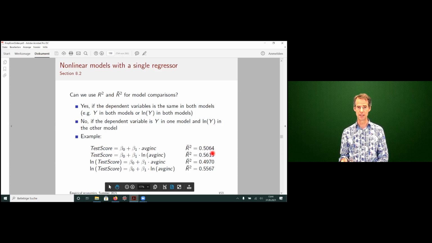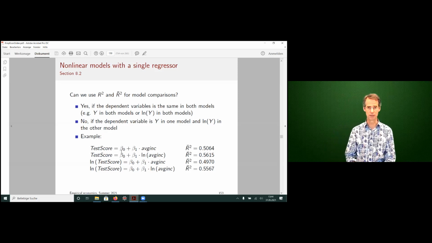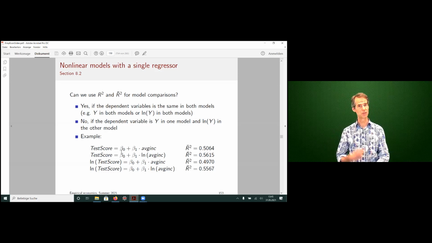We can, for instance, say that if we compare the first two models, the second one has a better fit, and also for the second two models, the second one has a better fit. But we should not compare the second model to the last one, or the first one to the third one, or to the last one. So R square is only useful for comparisons if the dependent variable is the same, because R square gives us the share of variation that we can explain, and of course the variation should be the same, so the left-hand side should be the same.